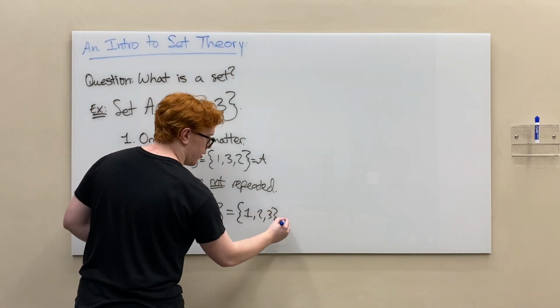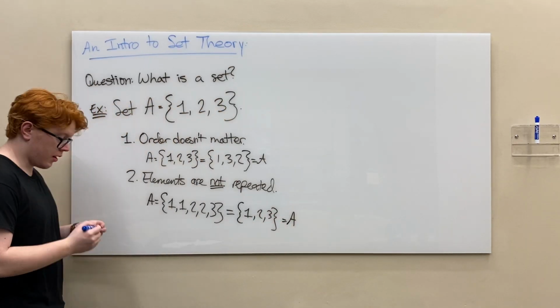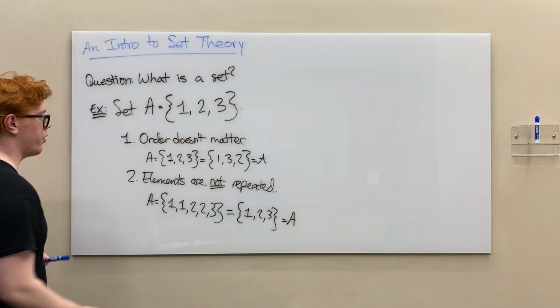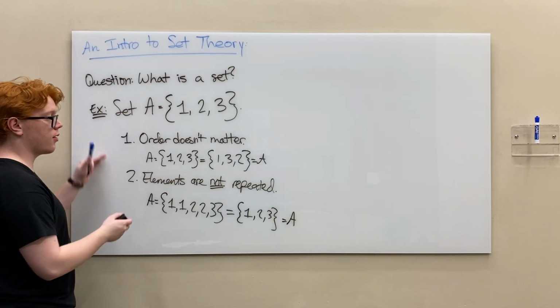And this is still A. So those are two rules about sets. Now let's look at how we can talk about them. Pause the video, take these notes if you need to.